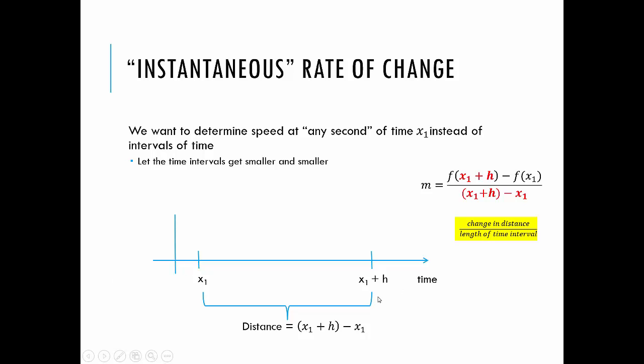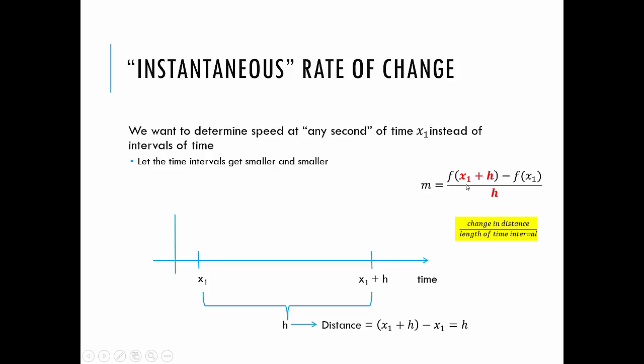Well, I could find this distance. How do you find distance? Remember we said x2 minus x1? Well, I could take x sub 1 plus h minus x sub 1, and if you notice, the x sub 1's cancel, and I end up with just an h. So keep watching this little formula here because I've manipulated it.